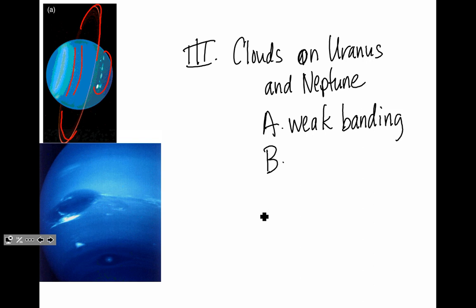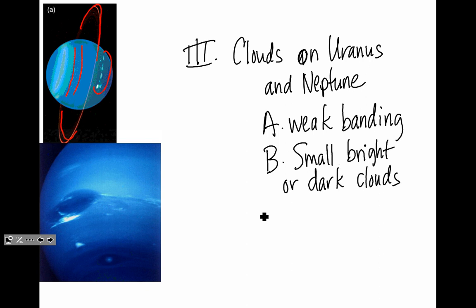We see clouds show up not always dark, but sometimes white, like we imagine and we see here on Earth. So we have on these planets often small, bright, whitish clouds or darker clouds. And sometimes they're not huge swirly storms, but just these little things, right?